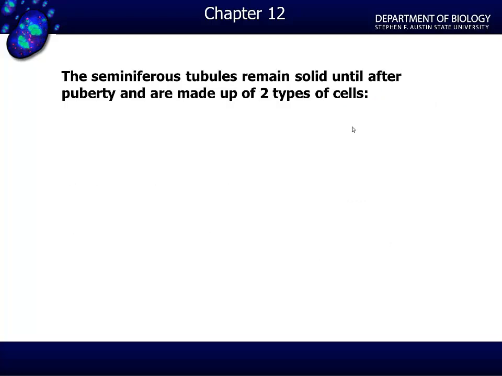Now, the seminiferous tubules are going to remain solid cords until after puberty. Once you go through puberty, then we're going to develop the cells, distinguish the cells. The Sertoli cells, again, are going to be producing the anti-Müllerian hormone very early on, but they're going to continue to support the development of the spermatozoa. Our primordial germ cells are present.